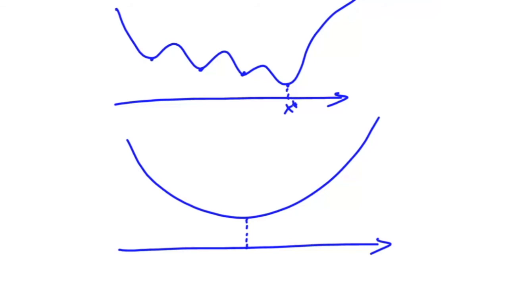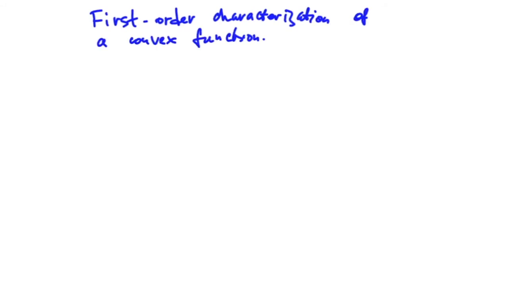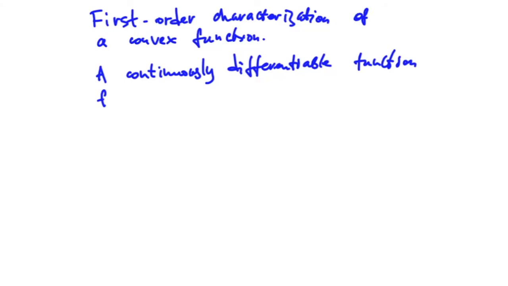However, to establish this fact, we need a result which is called the first order characterization of a convex function. The first order characterization of a convex function tells us that a continuously differentiable function f, and the continuously differentiable function is a function that has the first order derivative, which is a continuous function also.